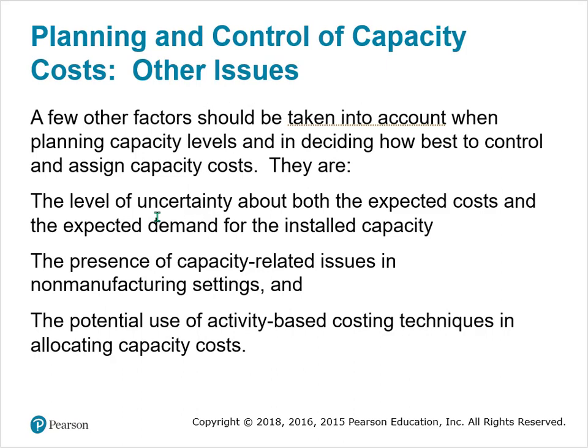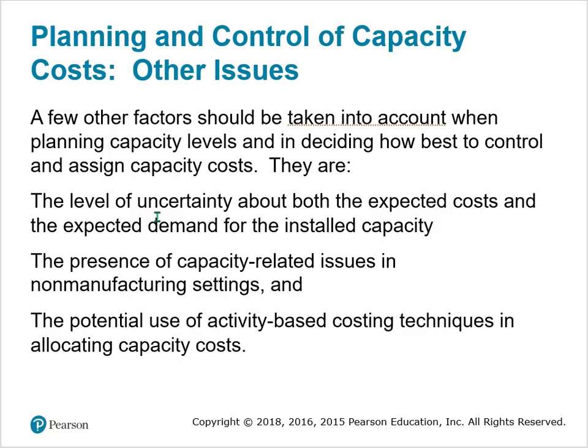For planning and control costs, other issues. These factors are important and should be taken into account when planning capacity levels and deciding how to best control and assign capacity costs. Additionally, it is important to understand that costing systems such as normal costing or standard costing do not recognize uncertainty the way managers recognize it.